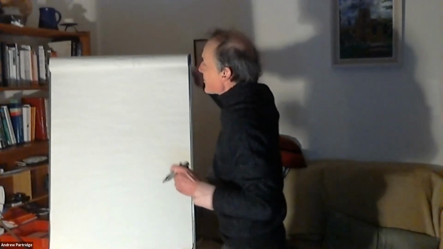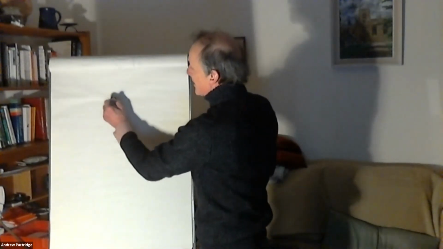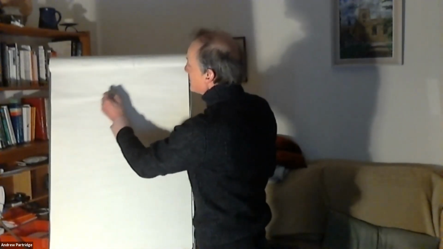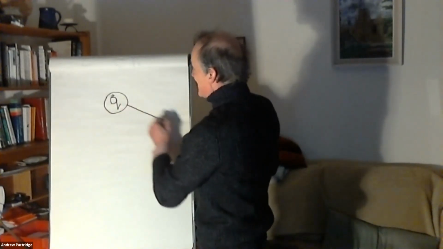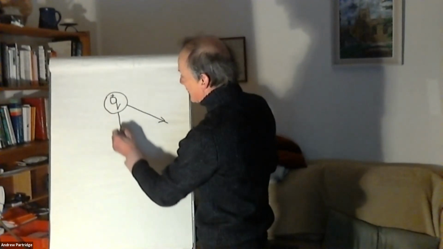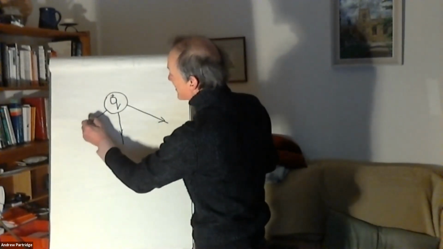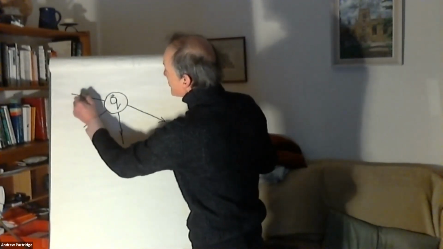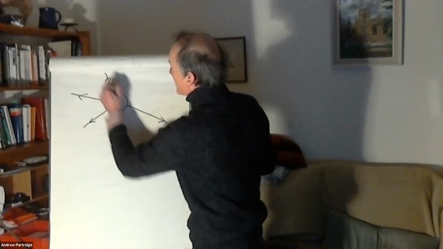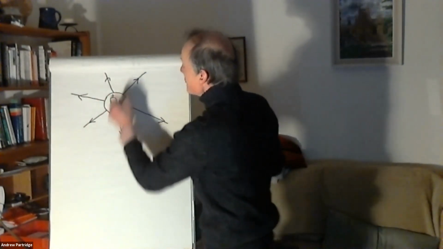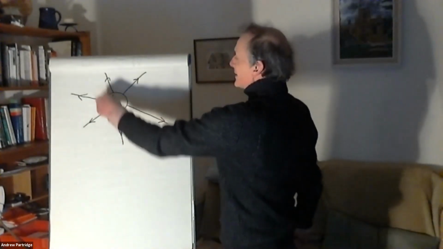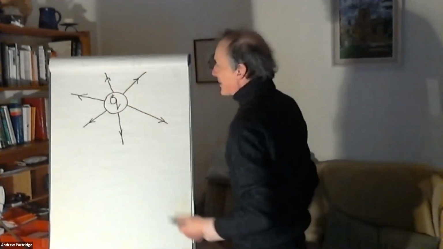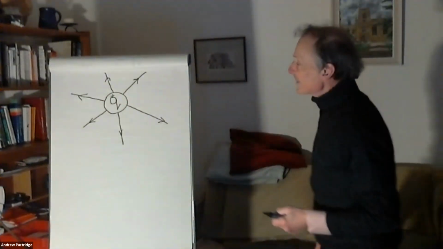And we do the same thing with charge. If you've got a charge Q here, plus, then this represents the electric field round it, which shows that a positive charge would move directly away from it along these lines. Again, the closer together the lines are, the stronger the field.